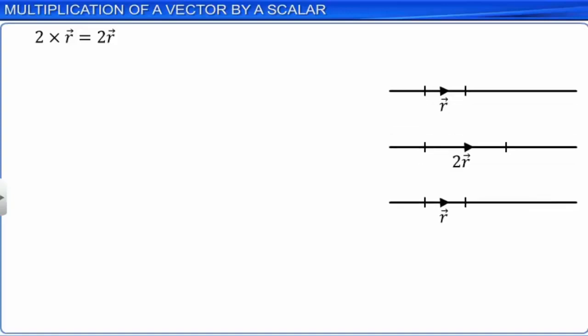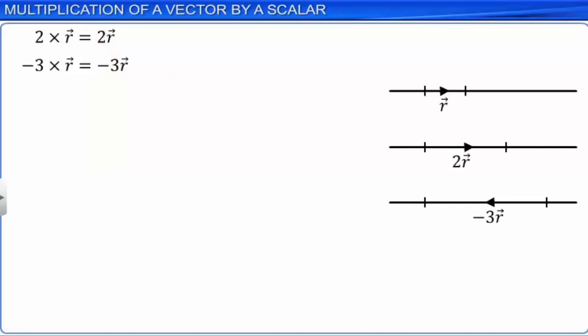Similarly, if we multiply vector R by -3, we get another vector, -3R, opposite in direction to vector R and with thrice its magnitude. Note that in these cases, we have multiplied vector R with the scalar quantities 2 and -3 to get new vectors.